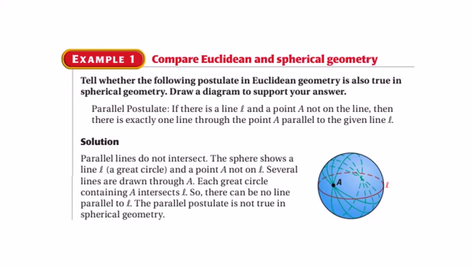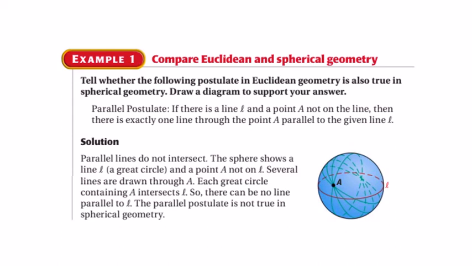So, parallel postulate. If there is a line L and a point A not on the line, so I've got a line, I've got a great circle, and a point not on that, then there's exactly one line through point A parallel to the given line.